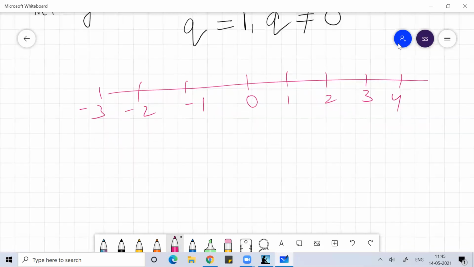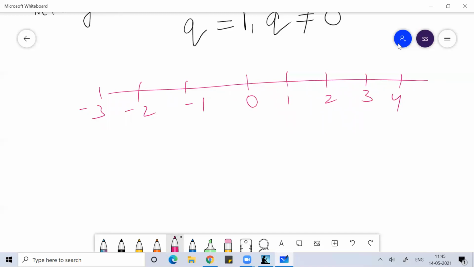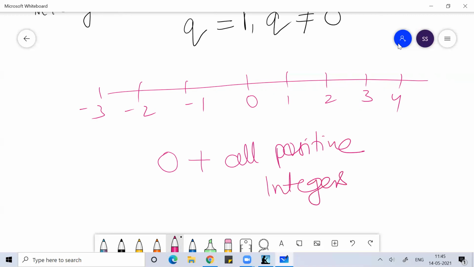Those integers which are 0 and all positive integers, what do you call them? Natural numbers. No, they are called whole numbers or non-negative integers.